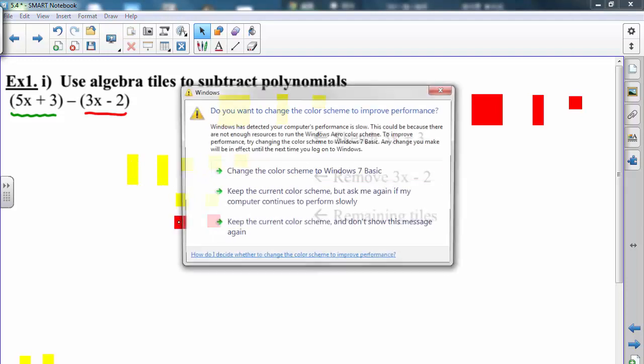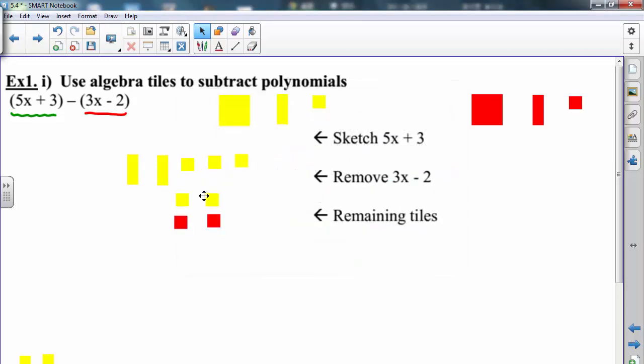However, after you add 2 zero pairs, I have 2 little red squares that I can take away. So after I take away the second polynomial from the first polynomial, let's look at the result for the subtraction.